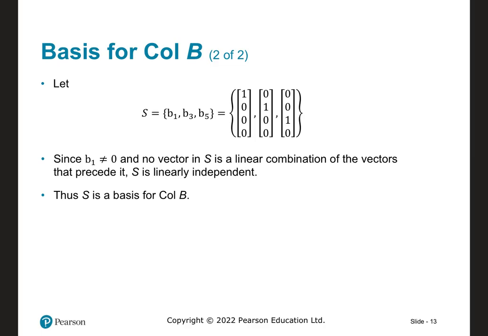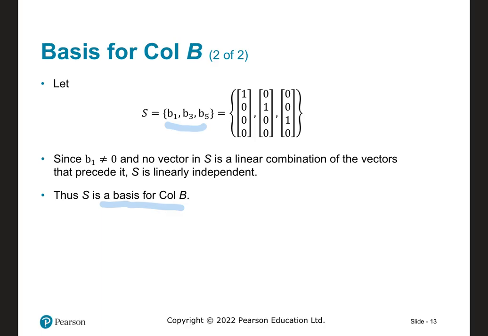So the set of those three columns will define a basis for the column space of the B matrix. Okay? So if you have a matrix B in reduced row echelon form, I can easily find a basis for the column space.